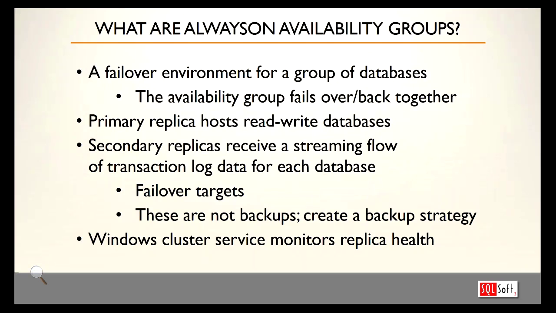Now, let's just define a couple of terms for just a moment, just in case you're not familiar with SQL Server at that deep a level. The transaction log is a log, a file, one or more files where changes to the database are written. We can back up the transaction log. We can restore our transaction logs to bring our database up to date.